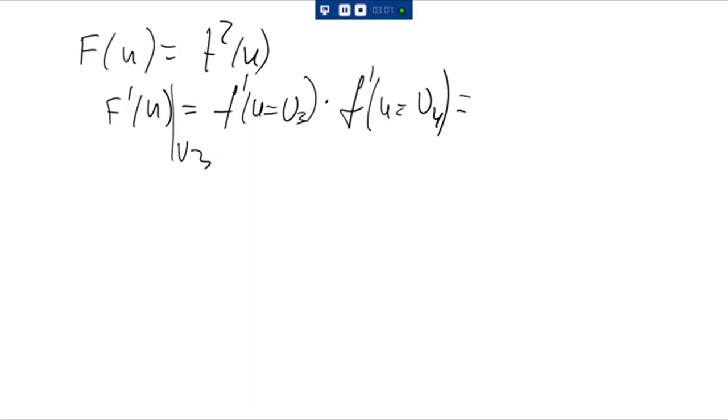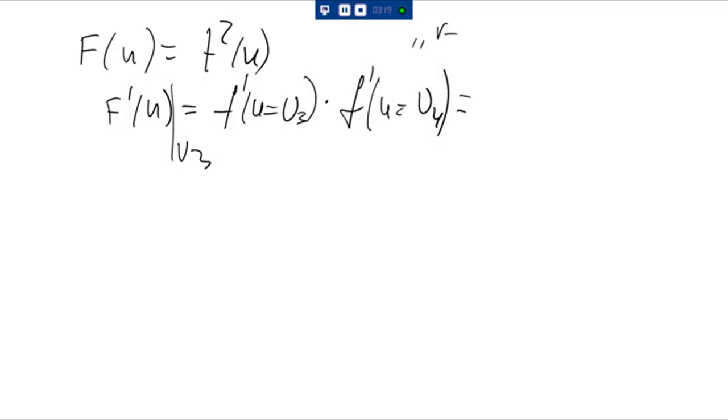We know that the derivative of f is r minus 2ru. Therefore, the first derivative will be r minus 2ru3, and the second r minus 2ru4.